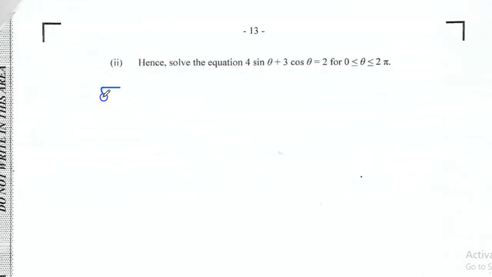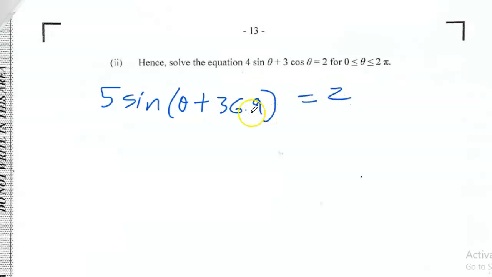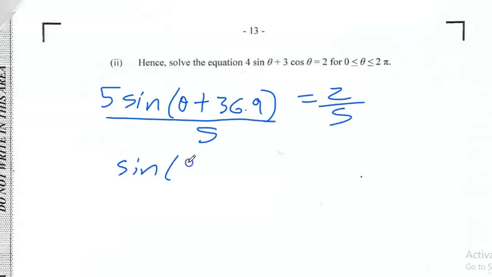So this is 5 sine (theta plus 36.9 degrees), and that's equal to 2. We divide both sides by 5, which means that sine (theta plus 36.9) is equal to 2/5, or 0.4.